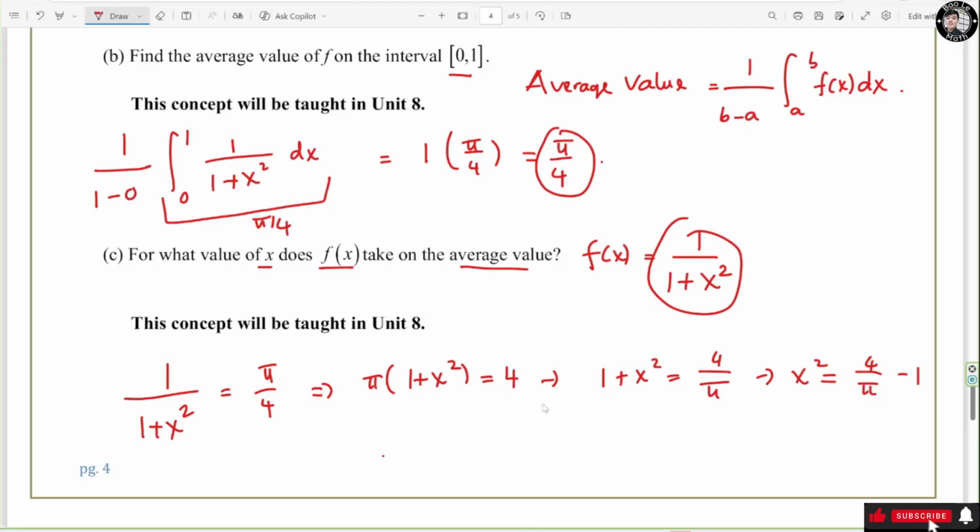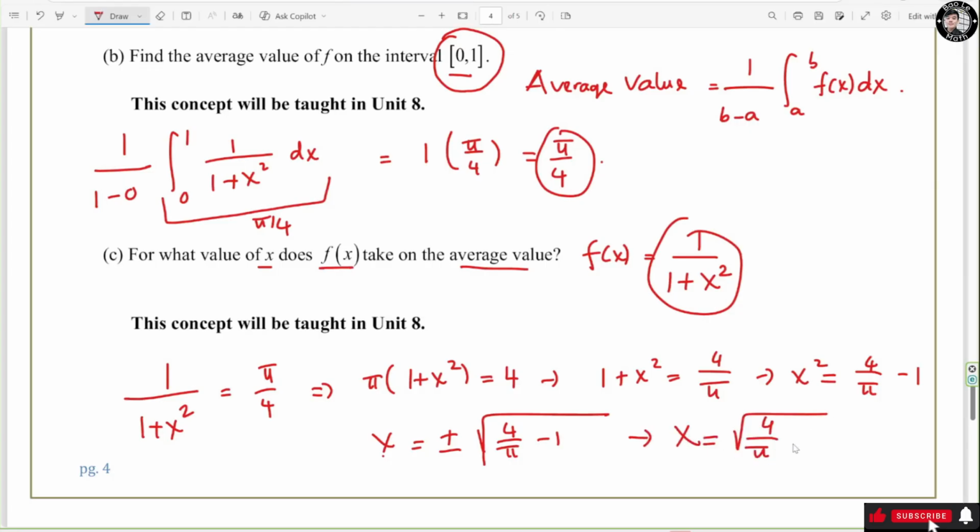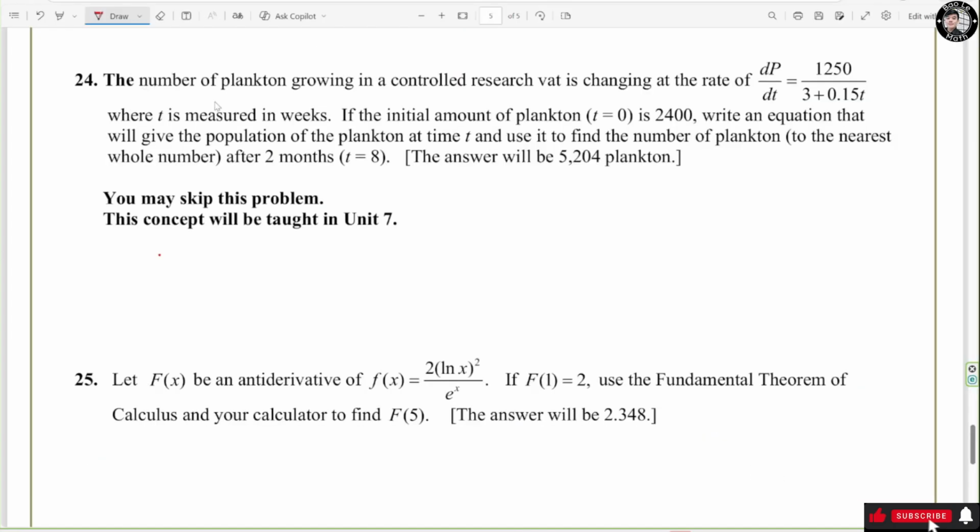Take square root both sides, so we have s equals plus and minus square root of 4 over pi minus 1. Since s belongs to the interval 0 to 1, which means s is positive, so you only pick s equals square root of 4 over pi minus 1. That's it. Now let's move on to question 24.